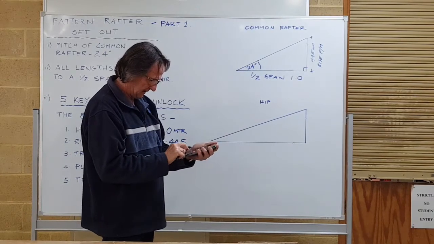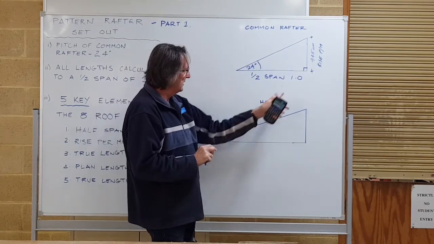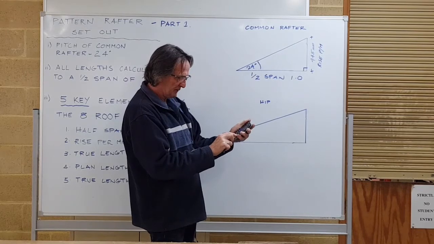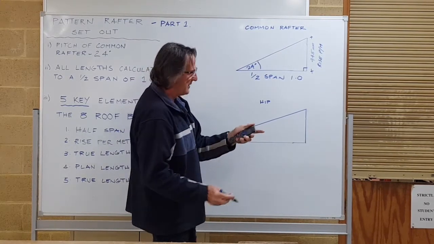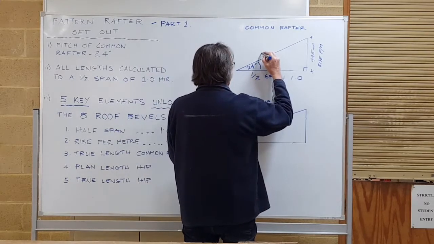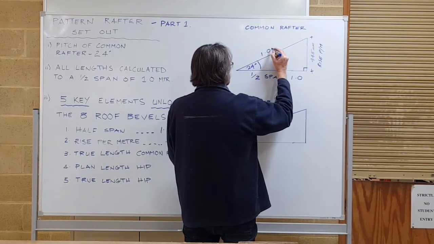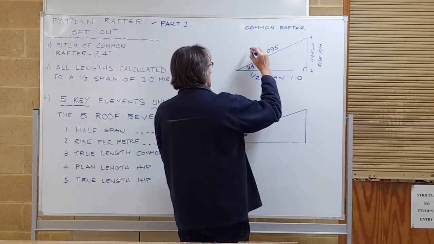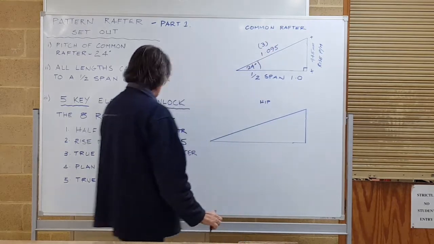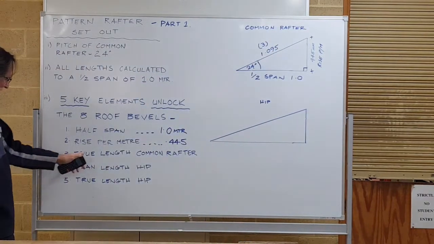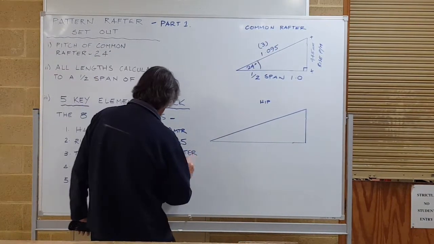Pump that into the calculator. 1 divided by cos 24. 1 metre and 95. That's number 3. Number 3, true length of common rafter.